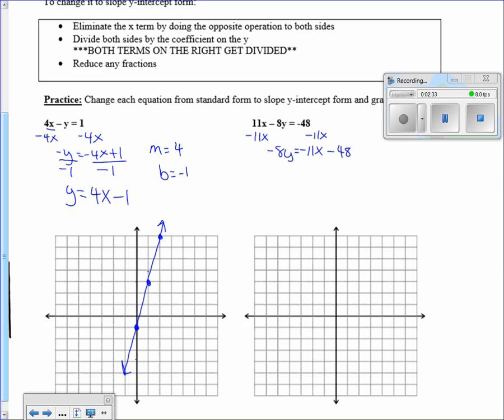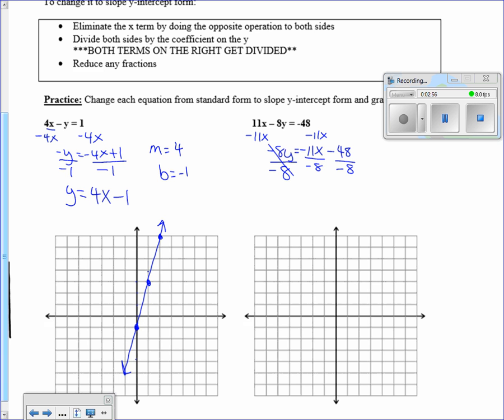We're going to divide both sides by negative 8. I'm putting it all over the entire right side over negative 8, but we're essentially going to divide each term by negative 8. We'll divide that by negative 8 and that by negative 8.